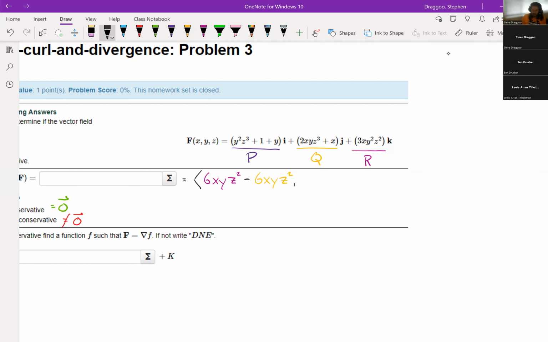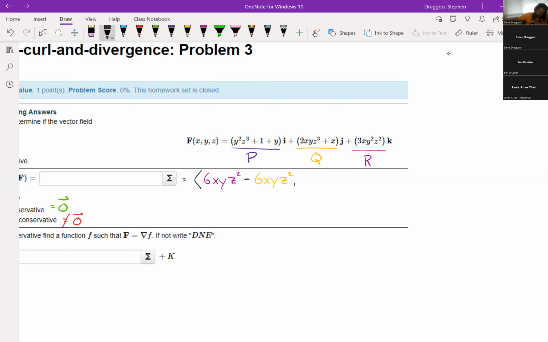So again, what we want to be thinking about here is that we want to assume that R is already a partial Z and Q is already a partial Y. So I want to compare those two terms together with adding in the missing mixed derivative piece.